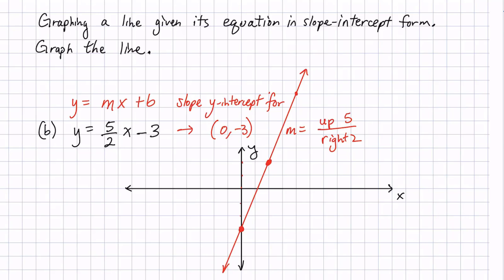And let's label that line. y is equal to 5 halves x minus 3. Let's label our ordered pairs. This is 0, -3, and then this one is what? 2, 2.